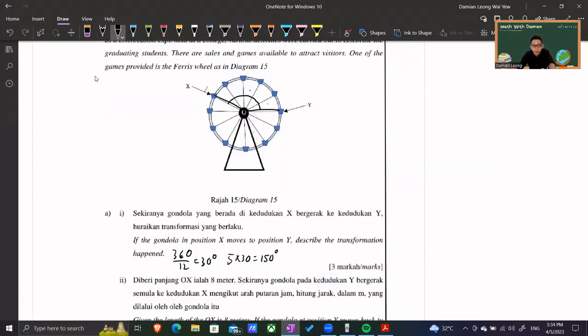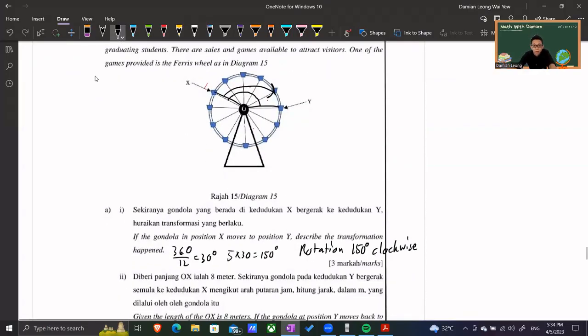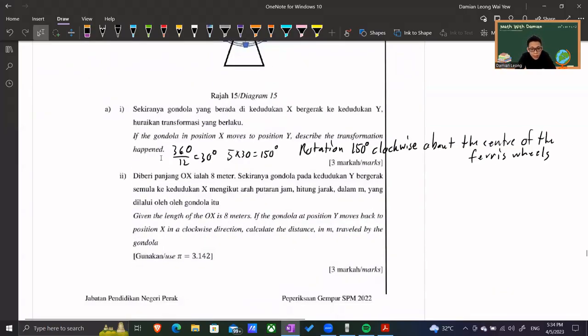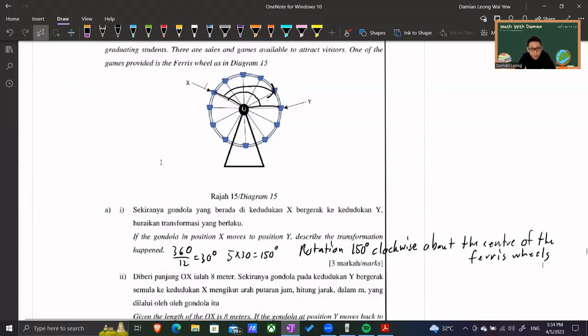It means this will be a rotation of 150 degrees from X to Y this way. So this is clockwise, about the center of the Ferris wheel. 150 degrees clockwise rotation.